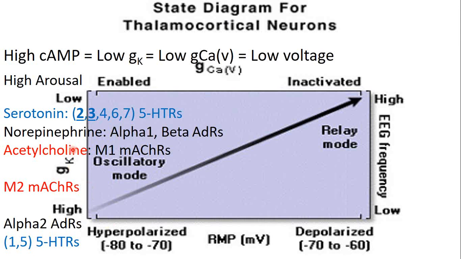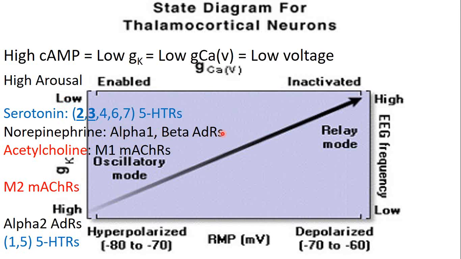So again, it isn't quite so simple as having an acetylcholine-monoamine balance. It's really also the receptors, because here we see acetylcholine participating in both the high arousal and low arousal state via two different types of receptors. Here we see norepinephrine participating in the high arousal and lower arousal state by different receptors.